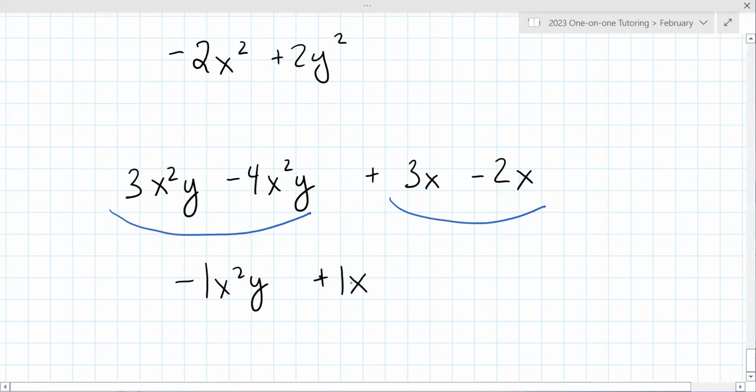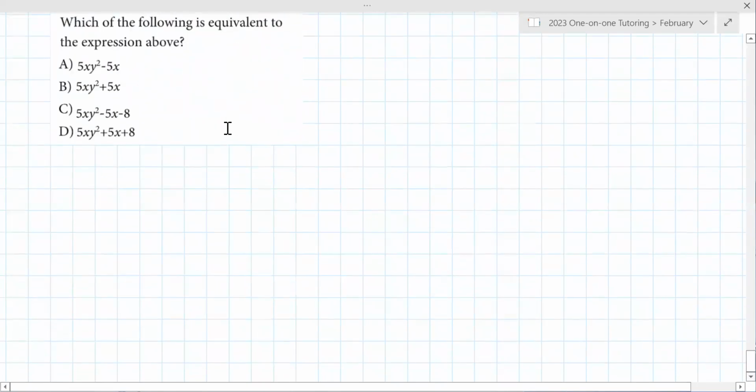Good. Okay, now I've got some standardized questions here that are perfect for this topic that we're doing. It's exactly what you've been doing, but just in the standardized form where there's some multiple choice to go with them. So let's take a look here.